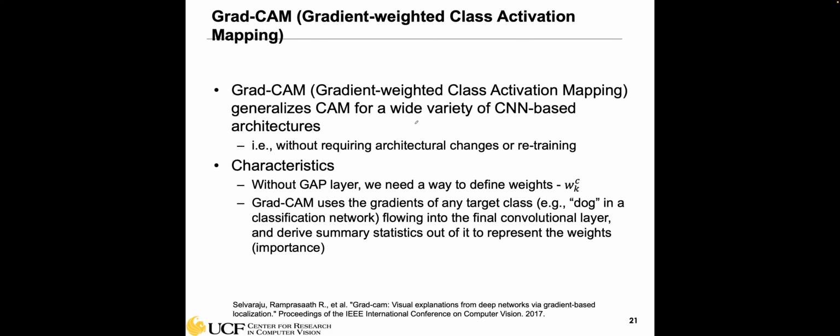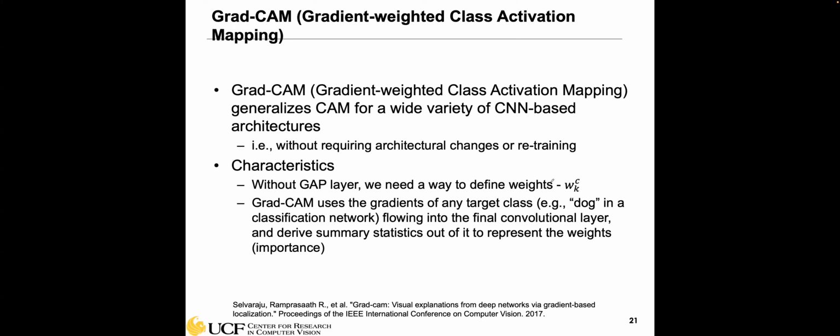And in the following work, there's the gradient-weighted class activation map, trying to address this limitation. Grad-CAM doesn't require this architectural change. Basically, it can be plugged into any common CNN network. You don't have to use global average pooling. Without using GAP, we need to figure out a way to define those weights.